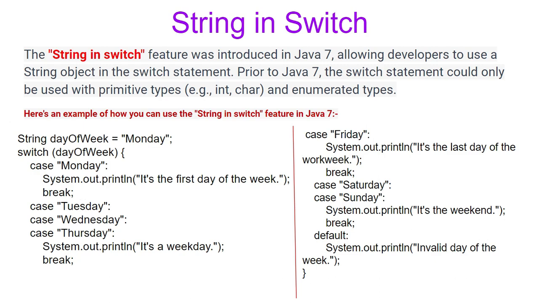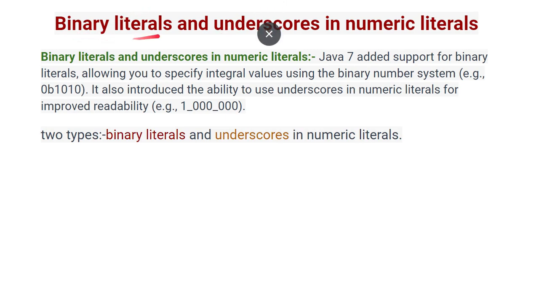Let's go to another feature, binary literals and underscore in numeric literals. Java 7 added support for binary literals, allowing you to specify integral values using the binary number system. For example, if you write 0b1010, it means 10, so it is considered a binary number. It also introduced the ability to use an underscore in numeric literals to improve readability.